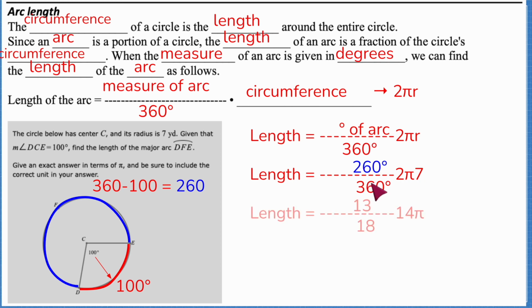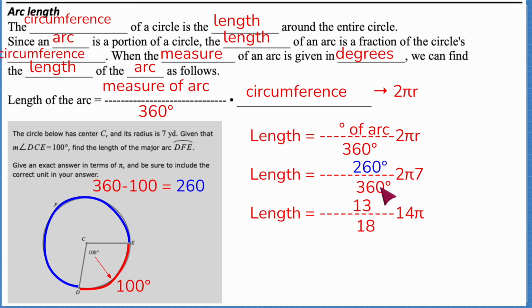All right, so let's go ahead and divide this. 260 divided by 360 can reduce down to 13/18. You could turn this into a decimal also, that would be perfectly fine. I just reduced it as much as I could. If I eliminate the zeros there, then I can divide by 2 on both of these. 26 divided by 2 is 13. 36 divided by 2 is 18.